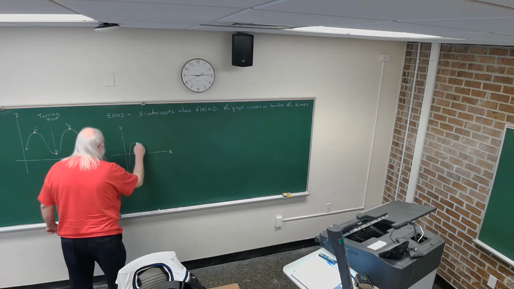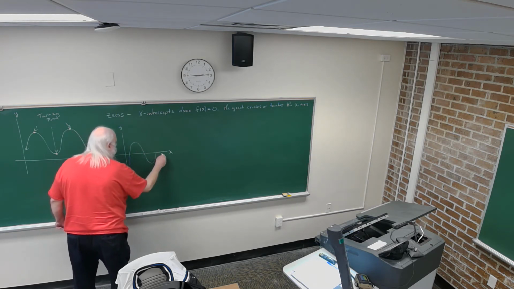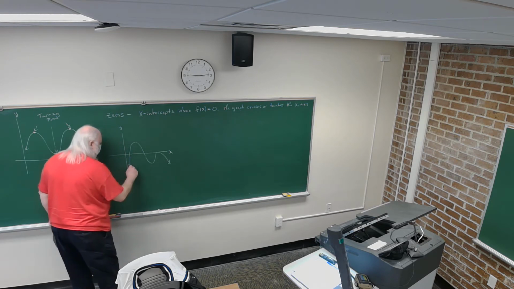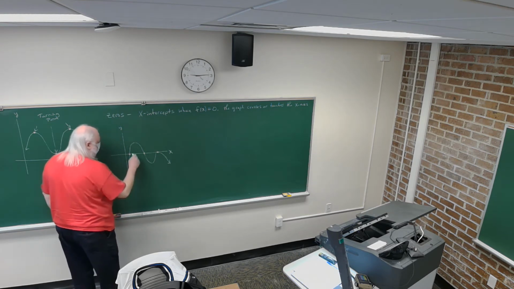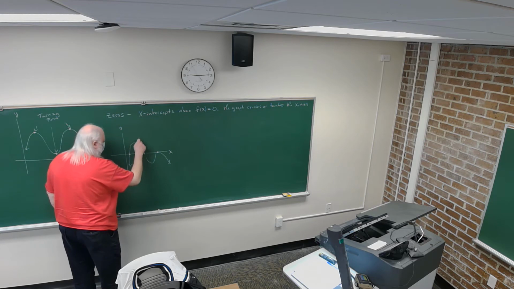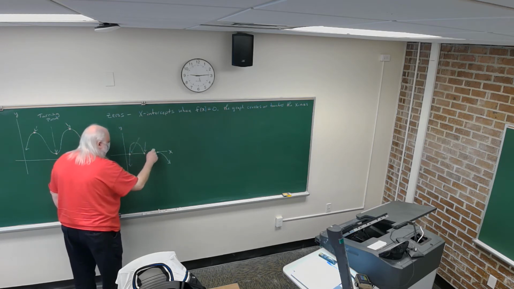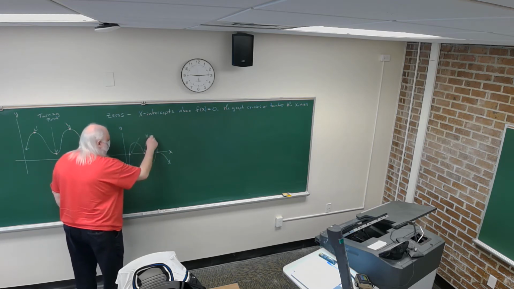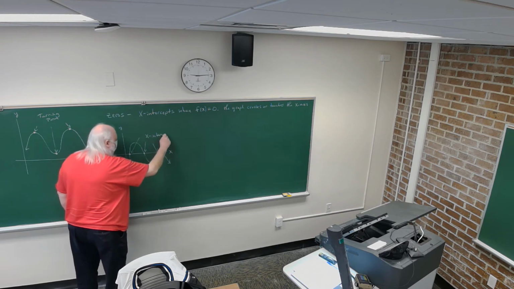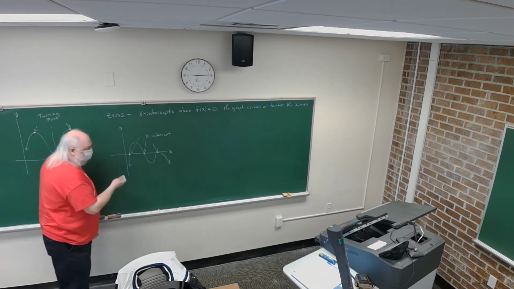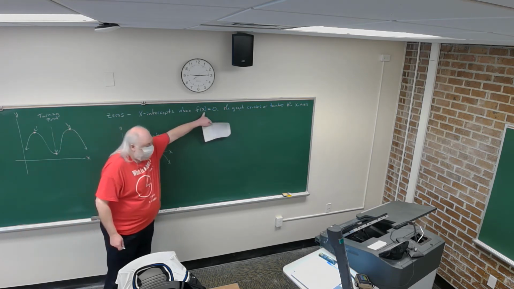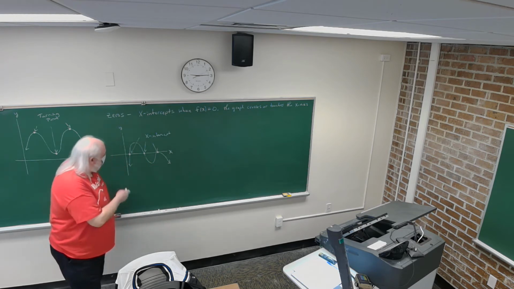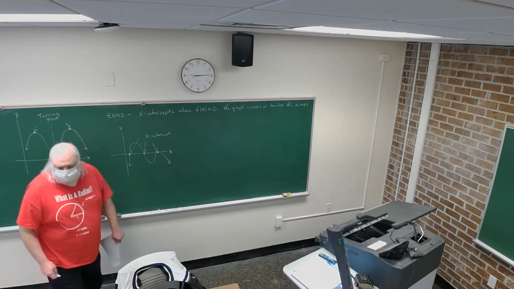This one crosses and touches the x-axis. So here it crosses the x-axis, here it crosses the x-axis, here it crosses the x-axis. Where it crosses or touches the x-axis, that's an x-intercept. And that value of x makes the value of the function equal to 0, so those values of x are also called zeros of the function.